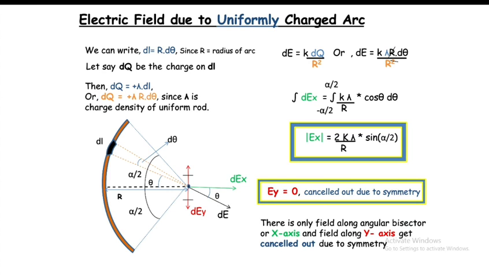We have done how to find electric field due to a uniformly charged arc. In order to find the electric field, we chose a small differential element of length dl, and due to this differential element, the electric field will be in this direction and it has two components, dEx and dEy. The dEy vector gets cancelled out due to symmetry, and the dEx vector gets added up, and we end up with the equation Ex is equal to 2kλ by r into sin(α/2).